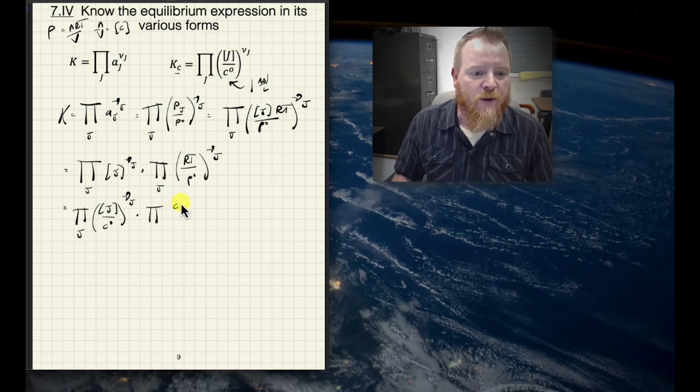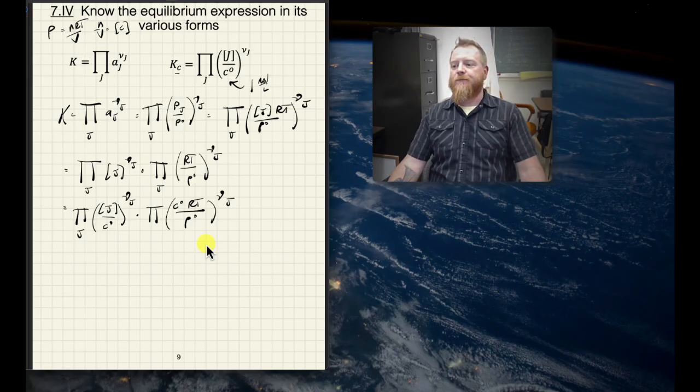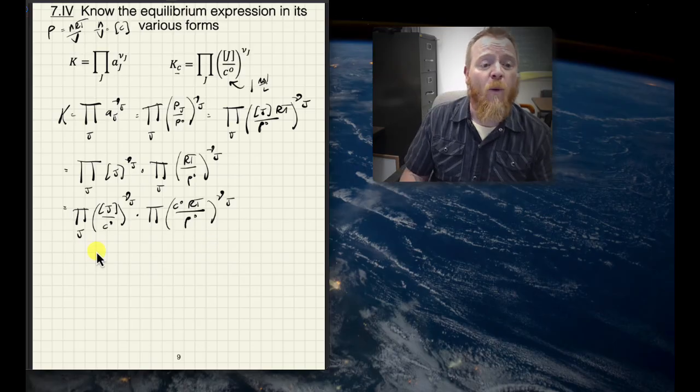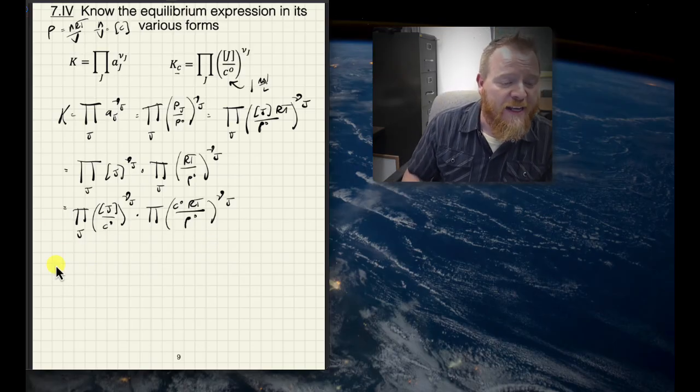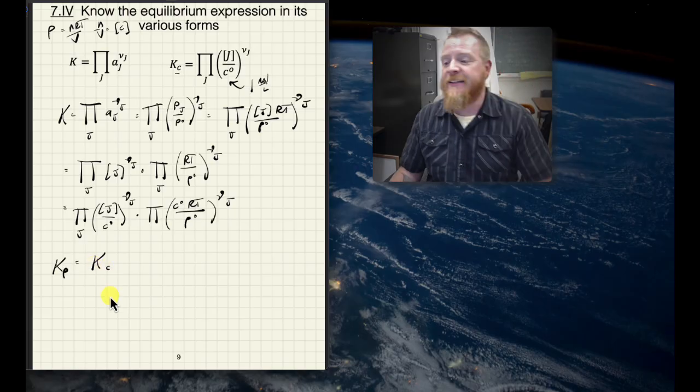So that's the same reference value, 1 mole per liter, times RT divided by P standard, all raised to the nu_J power. Effectively, I'm going to recast this and write it as Kp, based on pressures, and all of that is equal to Kc.